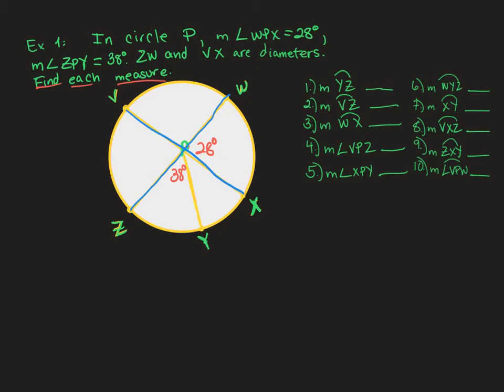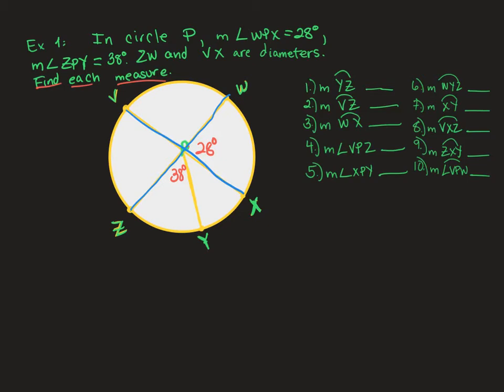The only thing that's important is ZW and VX are diameters, and that's very important because these two, the ones in the blue, form vertical angles and it will help us solve. You can start filling it in, but let's just go down what we need to do so we don't really have to fill them in.